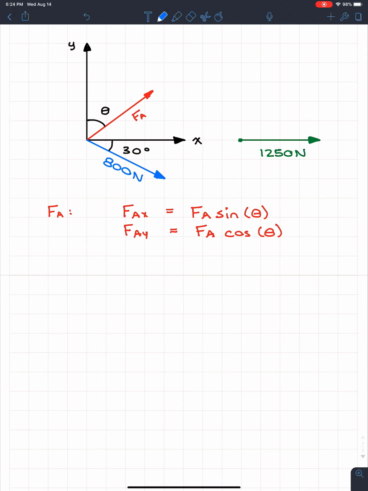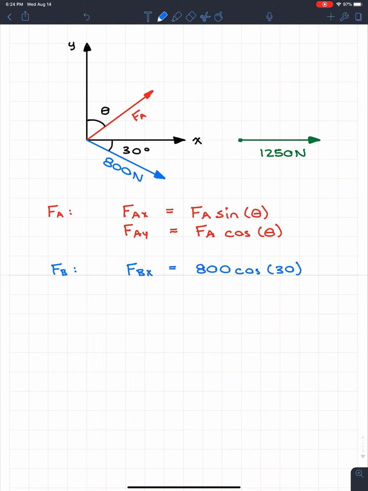So the next thing we can do is move on to FB. So for FB, we know that FBX, the x component, is going to be 800 times the cosine of 30 degrees.